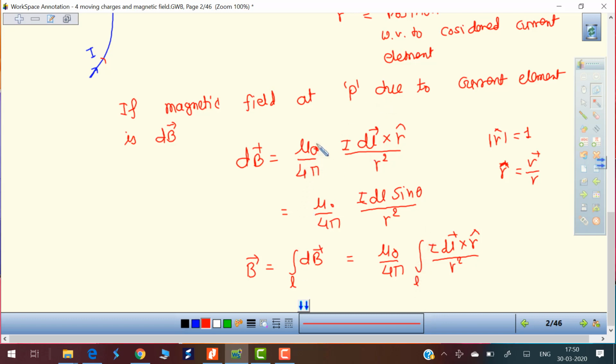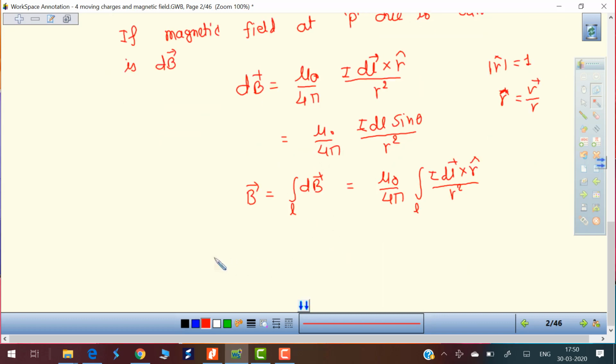One thing we have not yet defined, what is mu 0. Mu 0 is called the permeability of free space, or you can say vacuum, and its value is 4 pi into 10 raised to minus 7 in SI units.